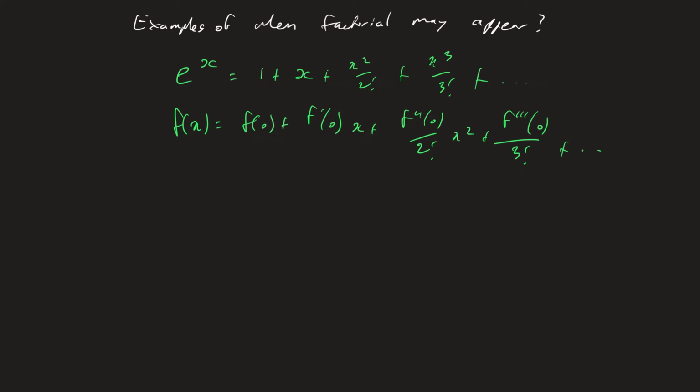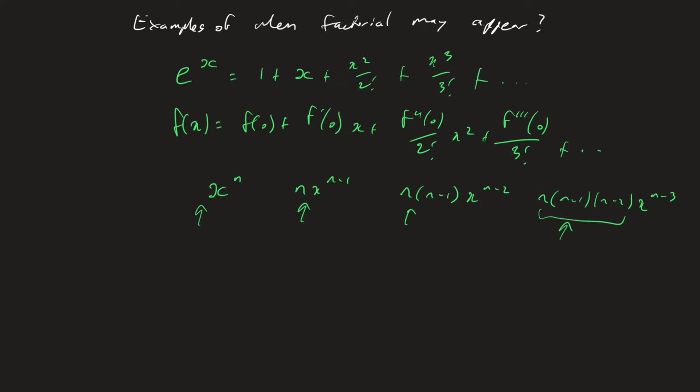Why are we getting these factorials in the denominator? Well, roughly speaking, remember if we take x to the n and differentiate it once, we get n x to the n minus 1. Now what if we differentiate it twice? We'd have n times n minus 1, x to the n minus 2. Differentiate it a third time, n times n minus 1 times n minus 2, x to the n minus 3, and so forth. How might we write these coefficients here?